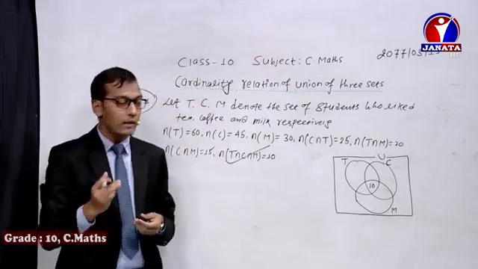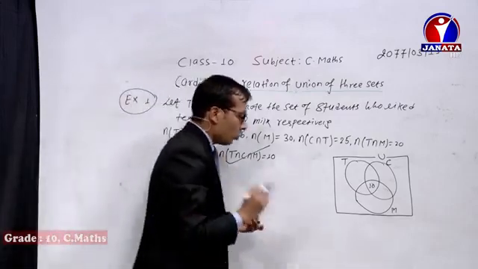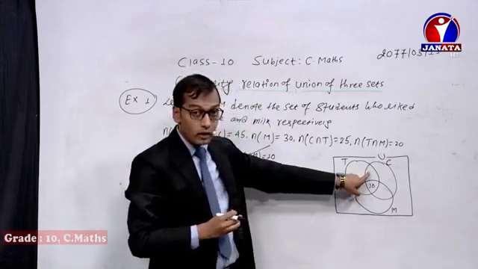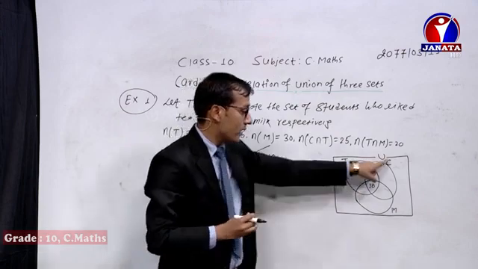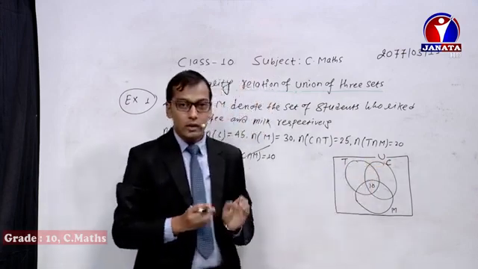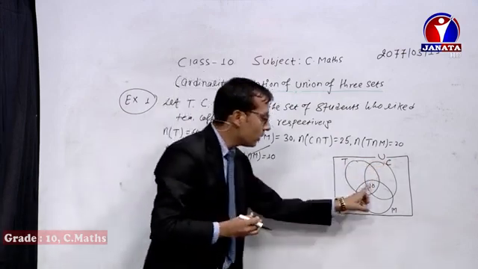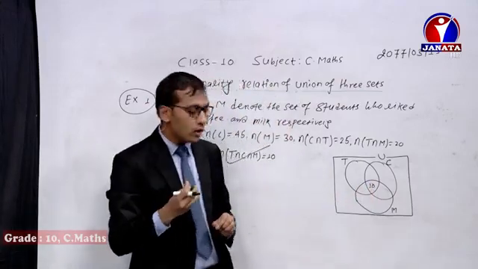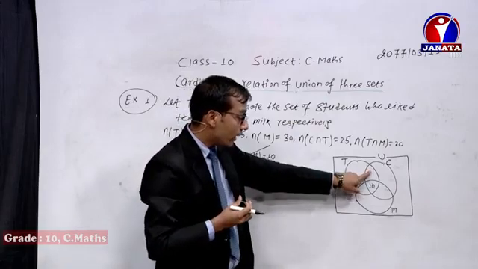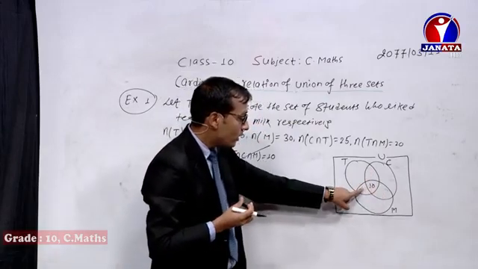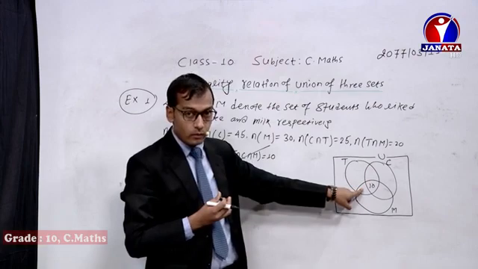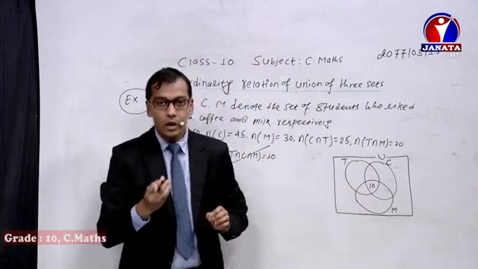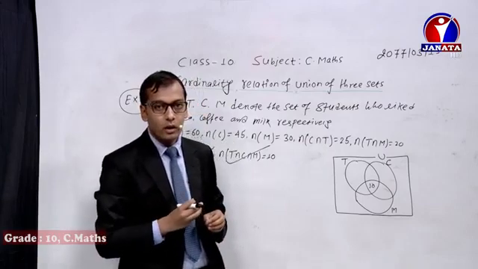Similarly, after this, we insert the number in either this region, which is called only T ∩ C. In the second step, after inserting the number in the common region, we insert the number either in this region or in this one, or in only T ∩ M. But I think I need to discuss again how to insert a number.